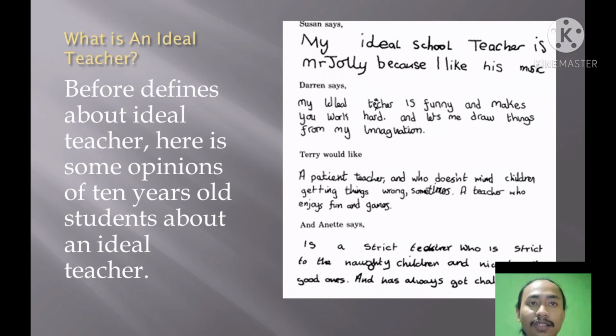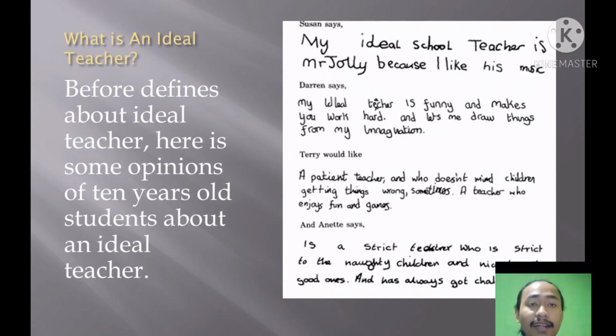Another child said that my ideal teacher is funny, makes you work hard, and lets me draw things from my imagination. Terry said a patient teacher who doesn't mind children getting things wrong sometimes, and who enjoys fun and games.